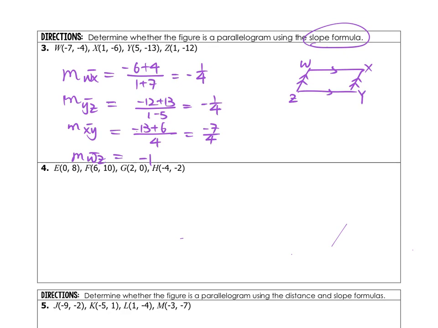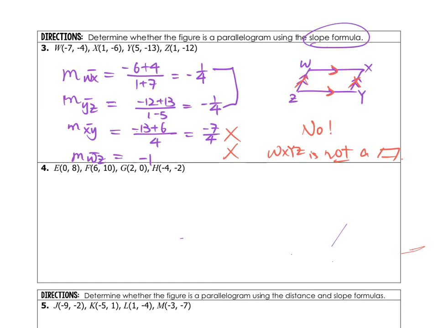So obviously YZ and WX have equal slopes, so this is parallel. But XY and WZ are not parallel. So this is no. This is not a parallelogram. So WXYZ is not a parallelogram.